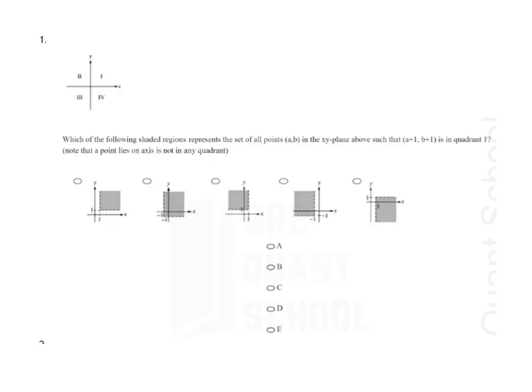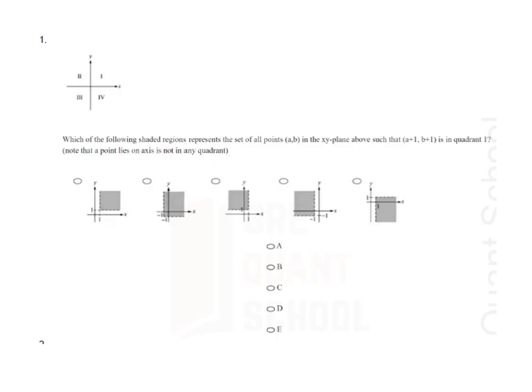In the first one, the point is already in quadrant 1, so A plus 1 and B plus 1 will always be in quadrant 1. In case of option 2, (A, B) is in the third quadrant.